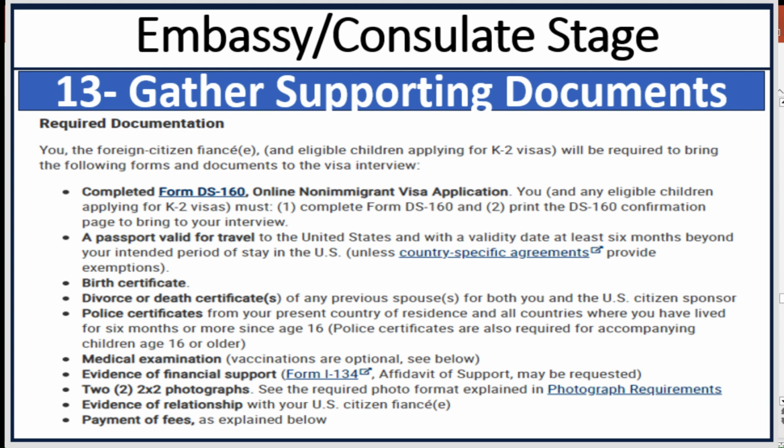And evidence of relationship, which you already submitted with your I-129F. Please, it has to be the same. Do not change anything. It has to be the same one you submitted with I-129F. And a payment of fees. As you see, they tell you as explained below, but you already paid the fee. You have to take the slips from your profile to the bank, and then you will get the payment of fee.